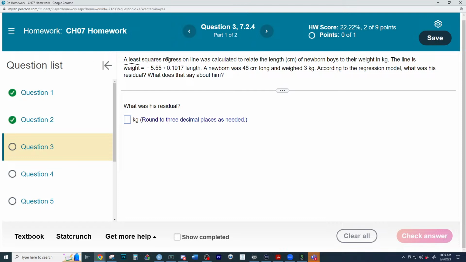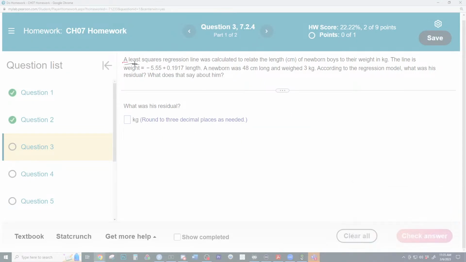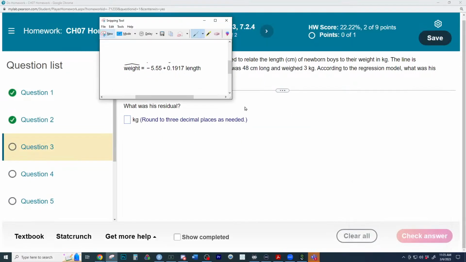Okay, we have a least squares regression line given right here. So what you want to do is write out the notation underneath this. Can anyone write out the notation?